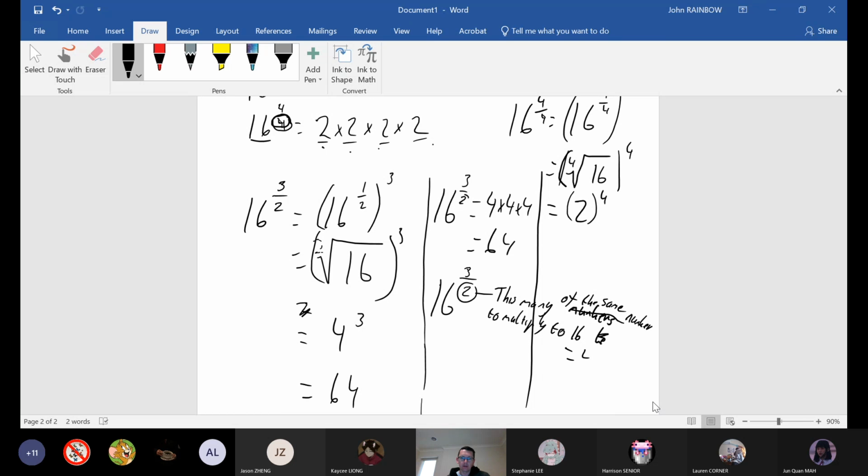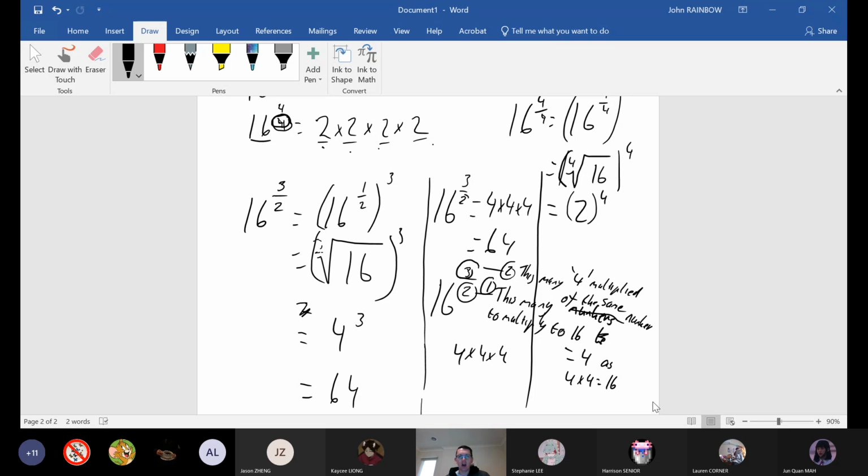That equals 4. And so that'll be the first thing you do. And the second thing is you do this many 4s multiplied. So it'll be 4 by 4 by 4.